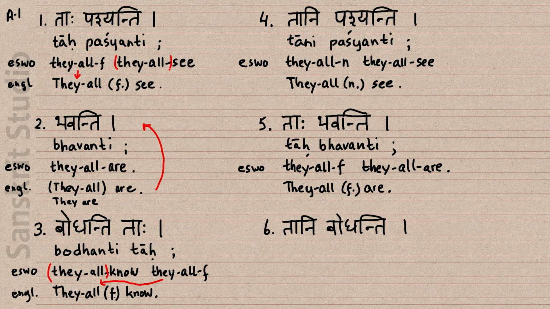And last but not least, Tani Bodhanti. So we have a pronoun again here, neuter, and then we have a verb from bodhati, and the form of course is plural again here, since we are practicing plural for pronouns here, and for the 3 new verbs.